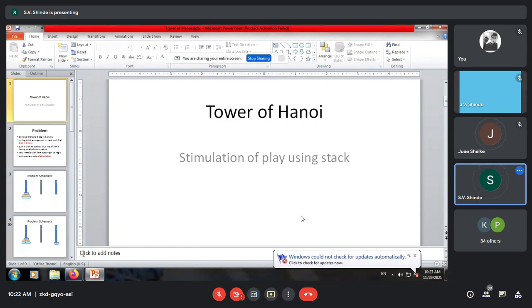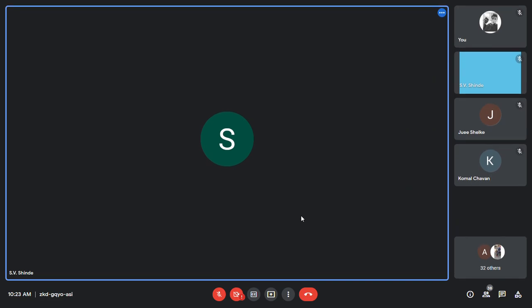Yes, participants, able to understand the problem, or any questions you have related to the problem? Okay, so the first is we have to understand how stack can be implemented and what are the properties of the stack, and how you can make a computer game that will automate the task, or you can make this Tower of Hanoi that the user can play.